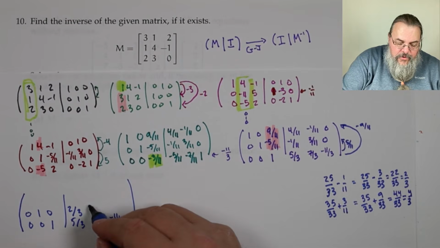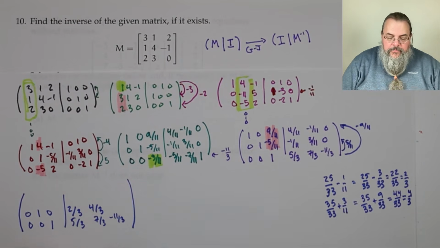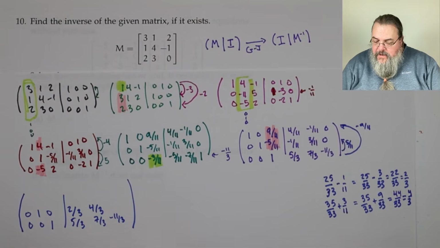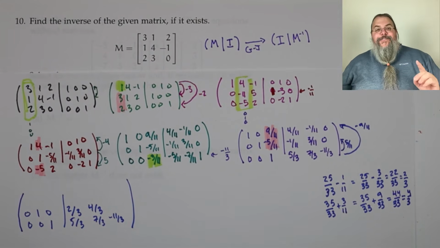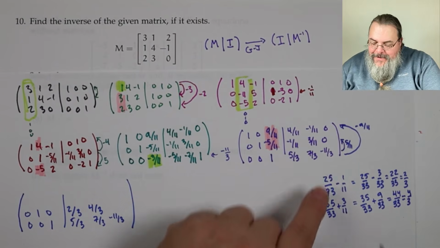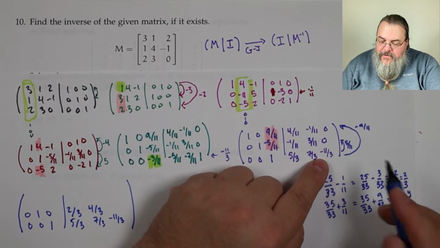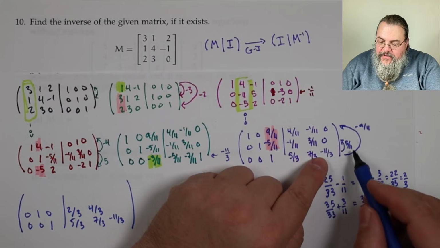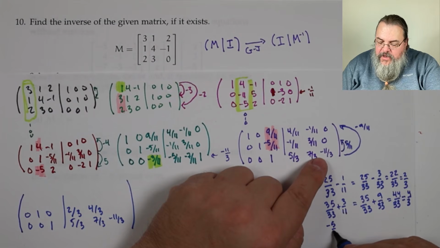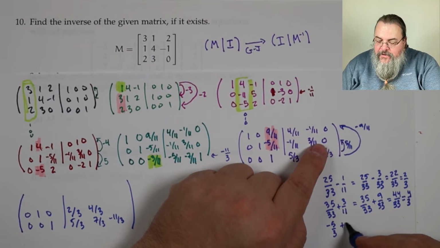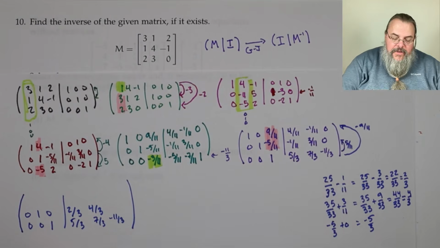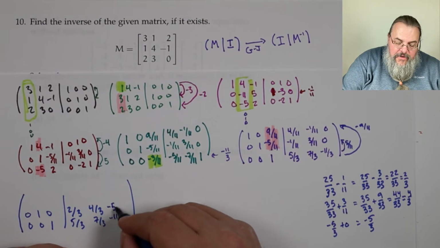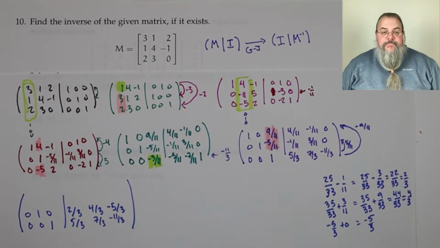So that's 4/3. Okay, cool. Now what? Well, 5 over 11 times minus 11 over 3. Well, notice the 11s cancel, so you get minus 5 over 3. And we're going to add 0. Okay, well, don't have to do much. That's negative 5 over 3. So that goes here, negative 5 over 3.